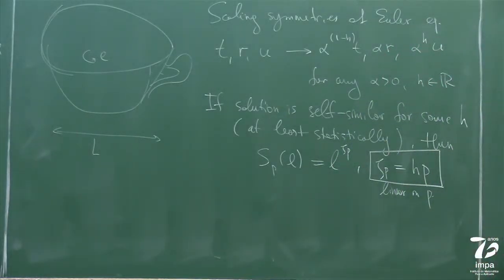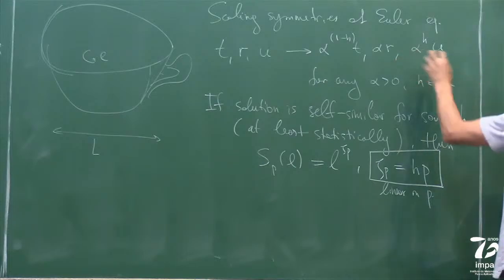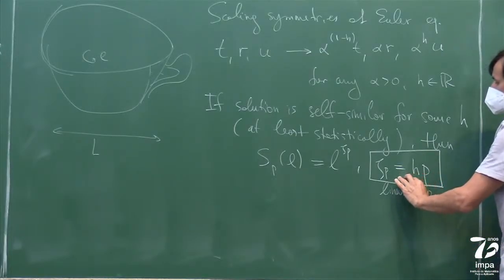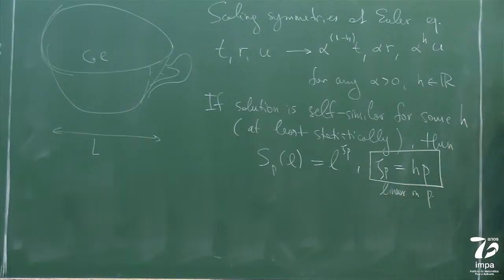So if you assume that one of the symmetries is really respected by your solution, at least in a statistical sense, then you immediately fix all these exponents.